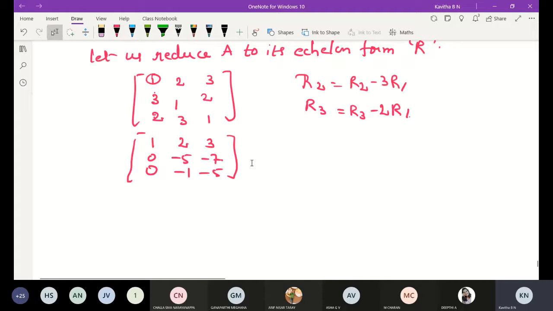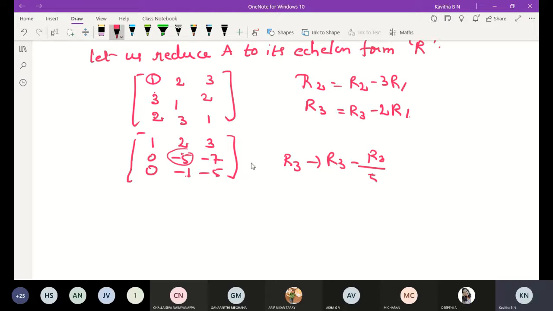Then again, observe here, we use this element to make this entry 0. The operation is R3 is R3 minus R2 by 5.